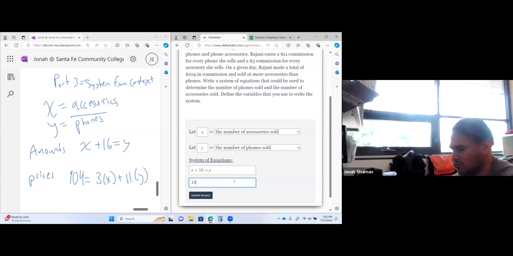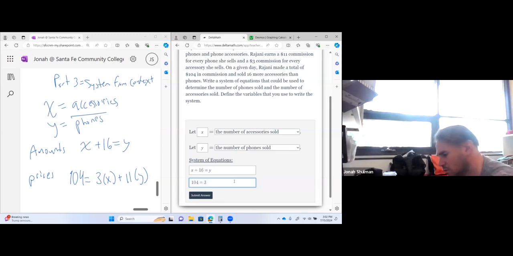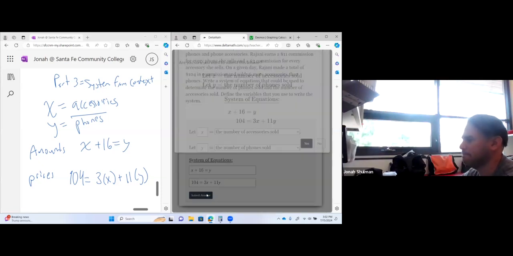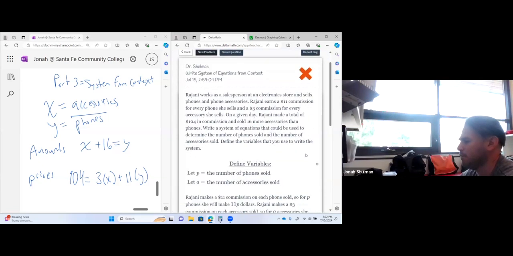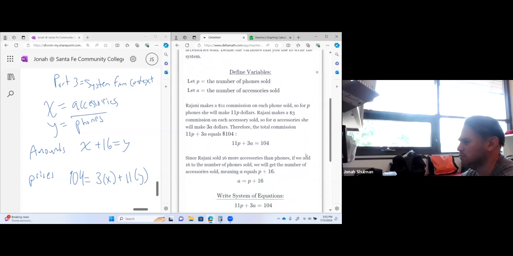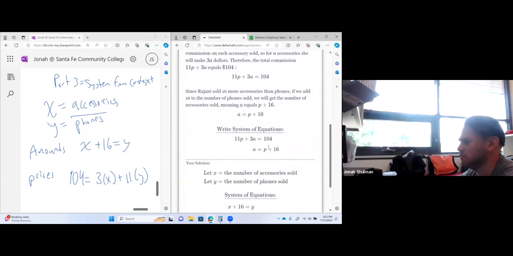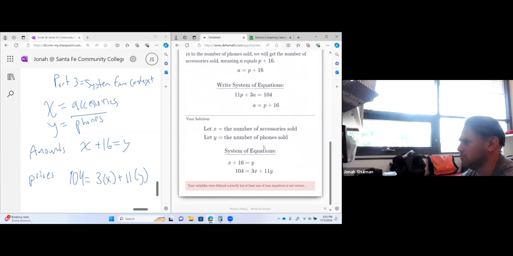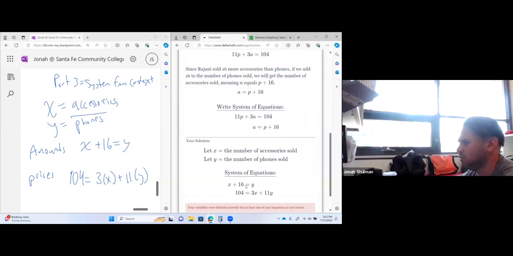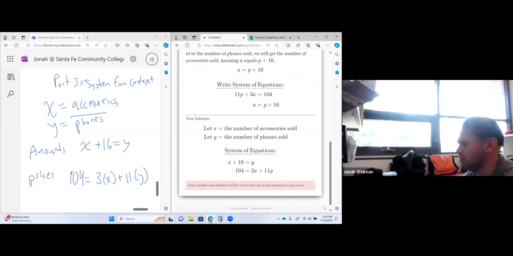This is 104 equals 3x plus 11y. So where's the mistake? x plus 16 equals y. 104 equals 3x plus 11y. That's right. One of my equations was incorrect.